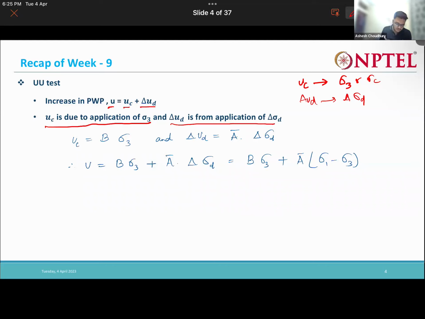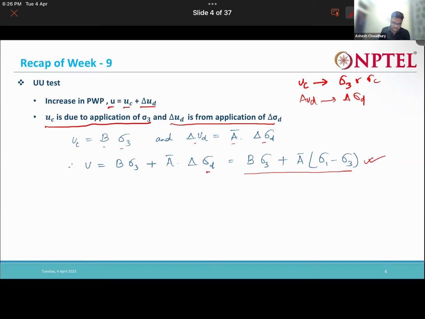Okay, so what is UC? You already said UC is nothing but B into sigma 3. And what is delta UD? It is A bar into delta sigma D, right? So totally it will be B into sigma 3 plus A bar delta sigma D. And sigma D is nothing but sigma 1 minus sigma 3, right? So we're getting this.